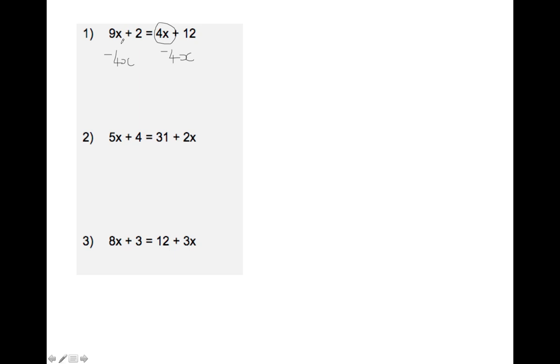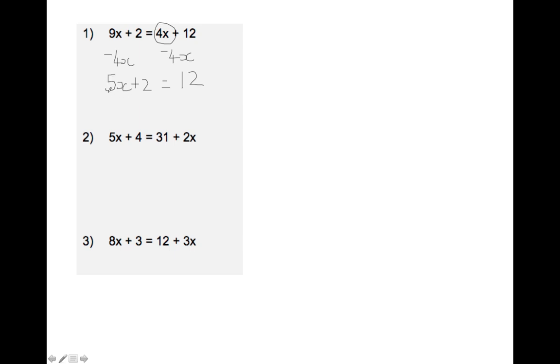So now we have 9x minus 4x is 5x. And then I've still got the plus 2 equals, and then I've got 4x minus 4x, which is no x's left at all. So 5x plus 2 equals 12. And now we have an equation with x's just on one side. So we can carry on as normal.